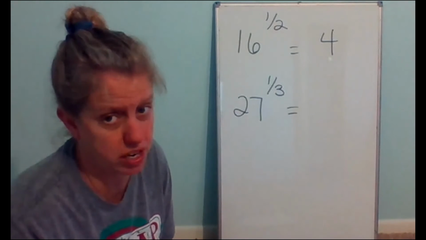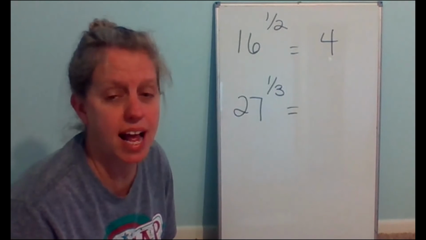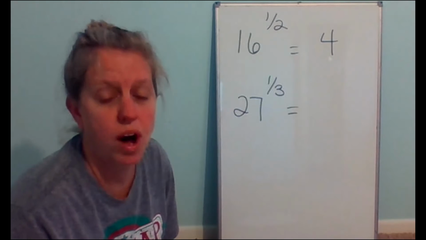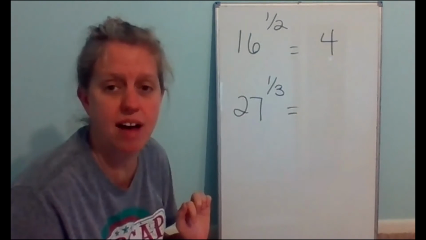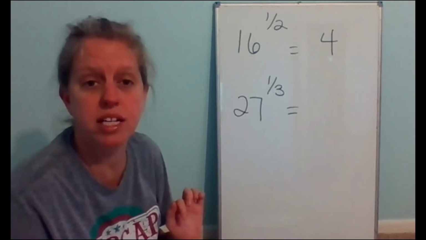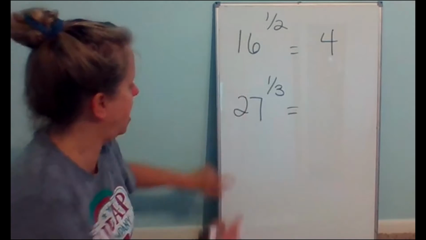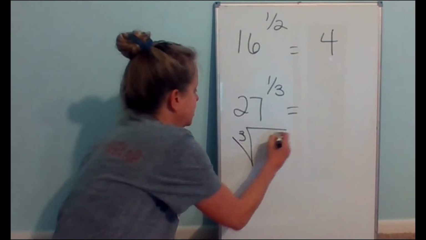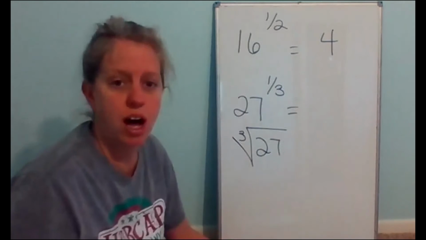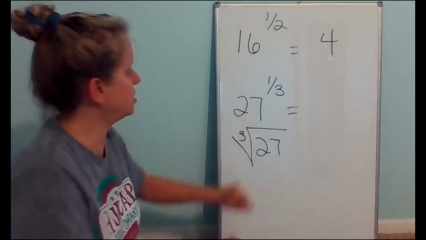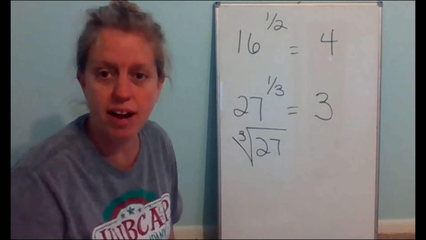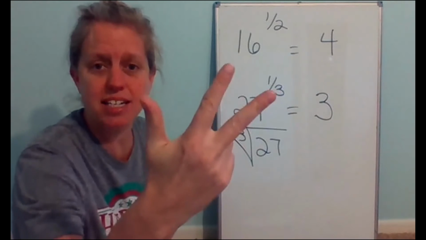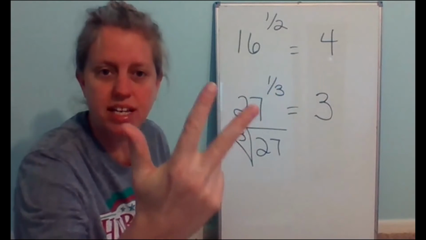Not 1/3 of 27. That's not going to give you the right answer. What number times itself 3 times is 27? Or in other words, what is the cube root of 27? This is the same exact thing as saying cube root of 27. What number times itself 3 times is 27? 3 is, right? 3 times 3 is 9, times 3 again is 27.